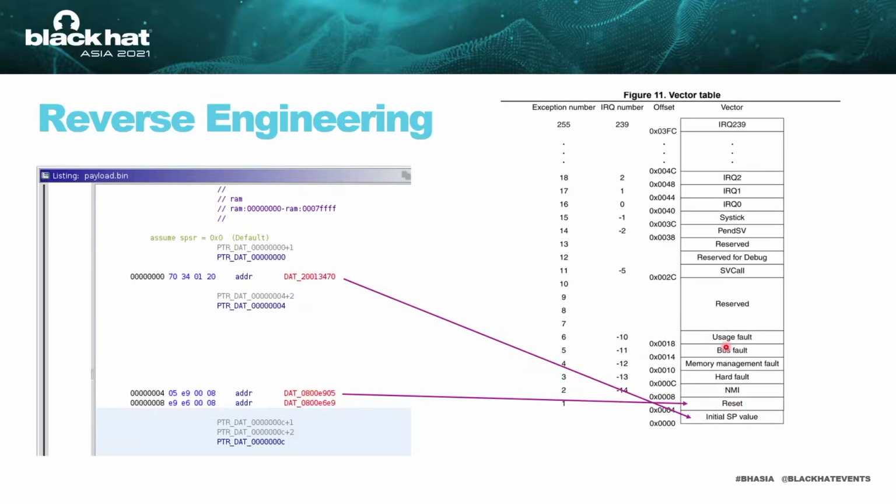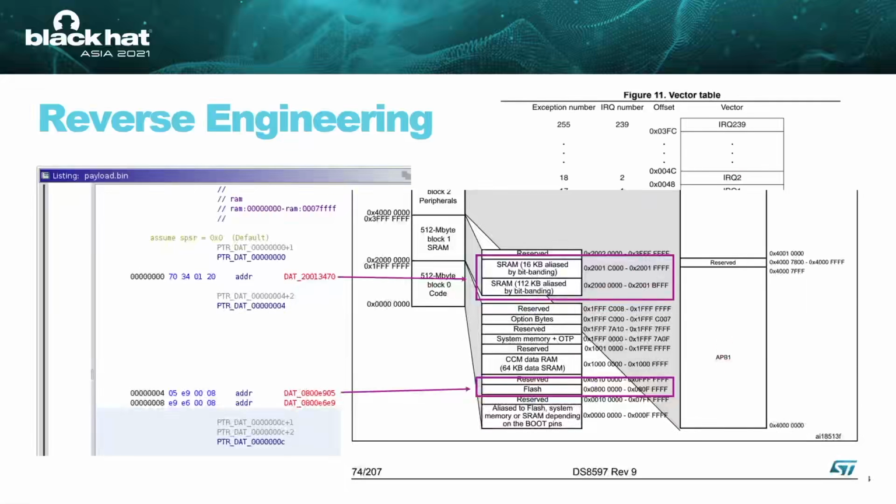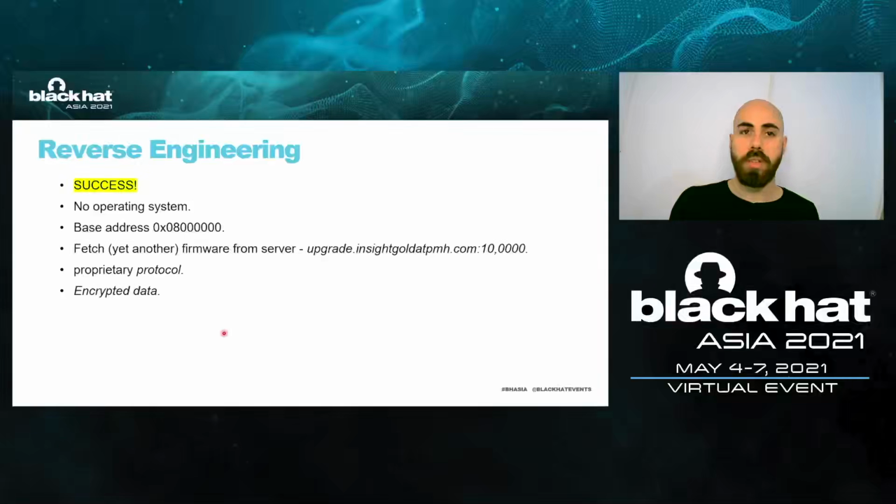So that seems pretty good, taking into account that the memory ranges in here, that's an image taken from the datasheet of the STM chip. The memory ranges of the RAM matched the stack pointer address, and the flash, the firmware itself, matched those addresses. So that must be our main function, which is a really good indication.